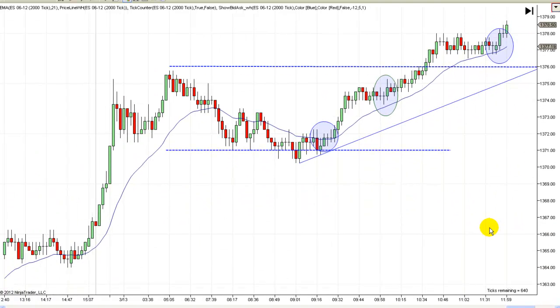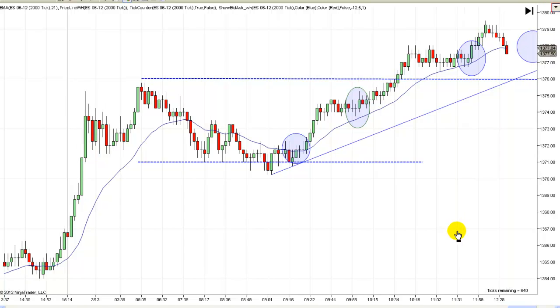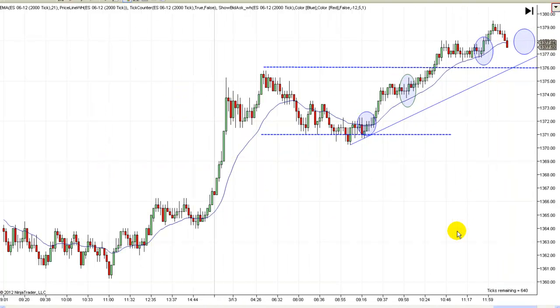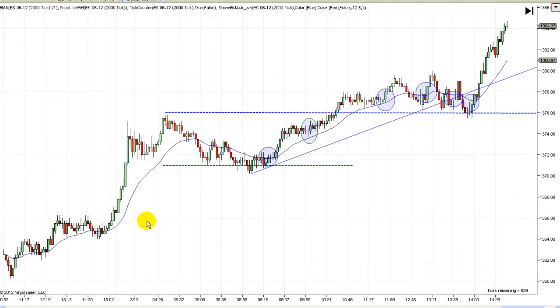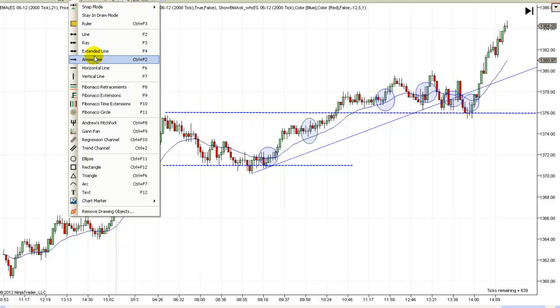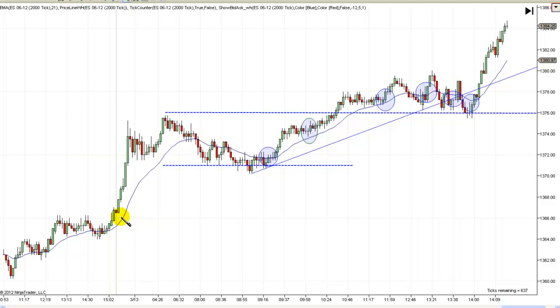And first of all, let me show you this. Let me bring this down a little bit. Anytime you've got a big, nice leg like this in the overnight, measure it, and then once you get your low, your correction is over, look for where that next leg may go to. And let me just show you this. This started right about here, and there's that leg.